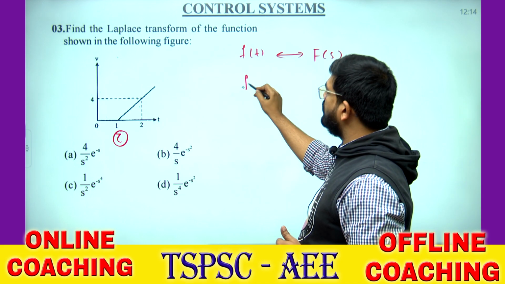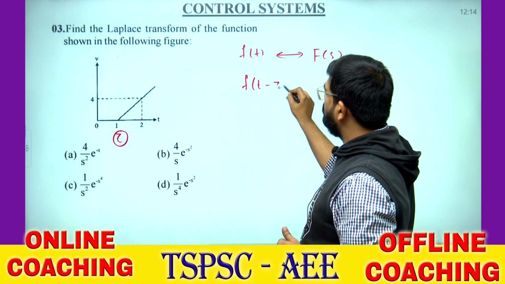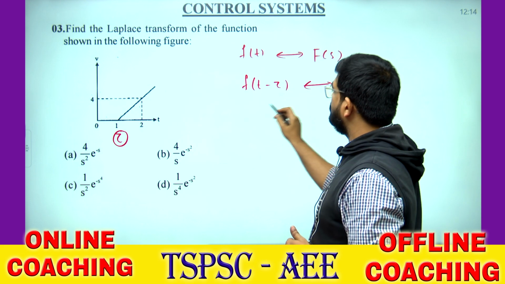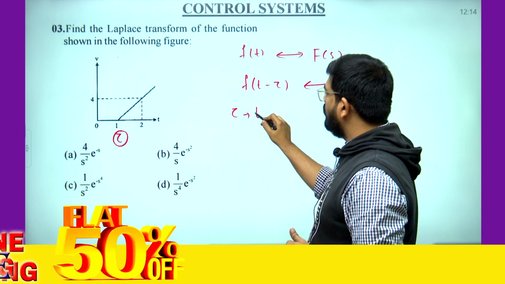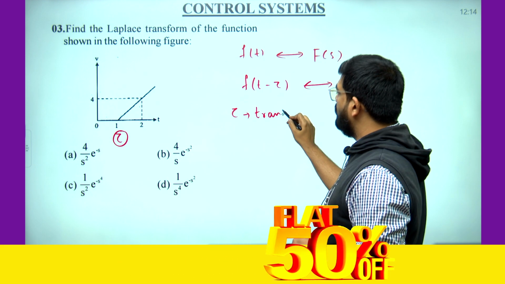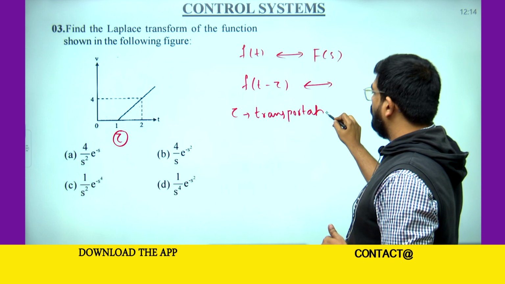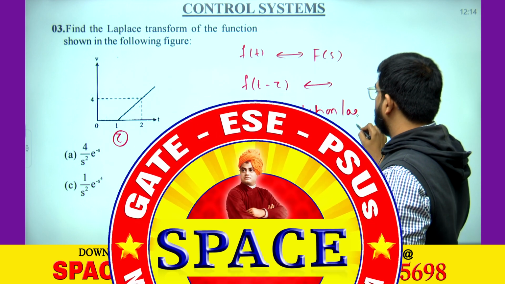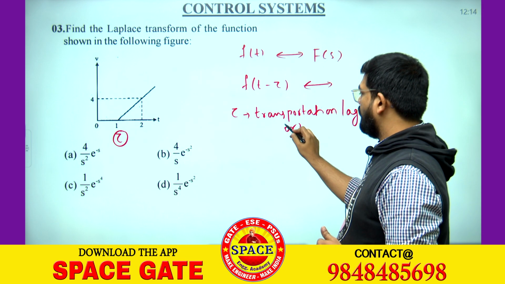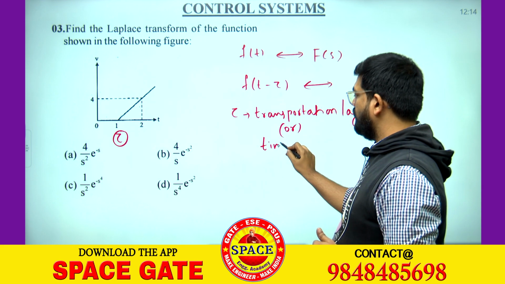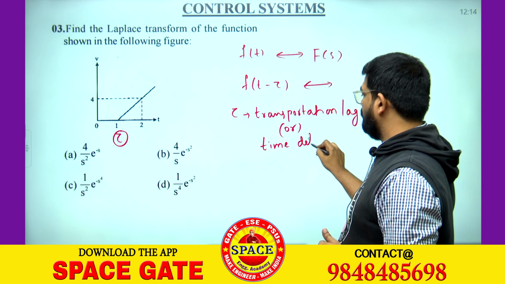What is f of t minus tau? Tau means it is a transportation lag, or we call that a time delay. Okay, it is starting after some time tau.